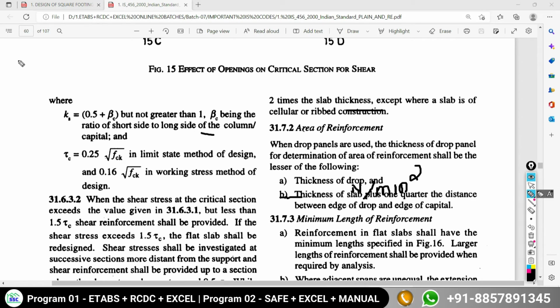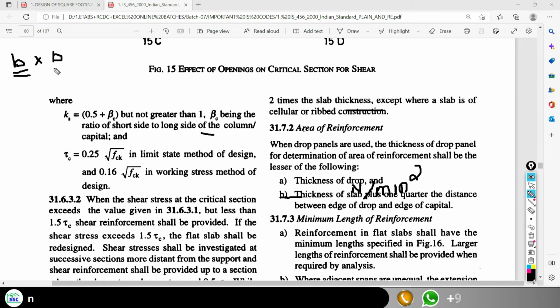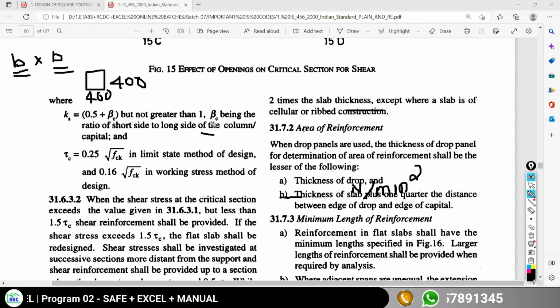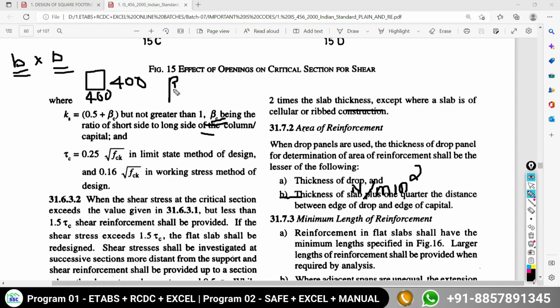If the column section size is b by d, that is the width of the column and the depth of the column. But in our proposed example, the size of the column is square, 400 by 400. So this beta c will be equal to 400 by 400, so you will get the value as 1.